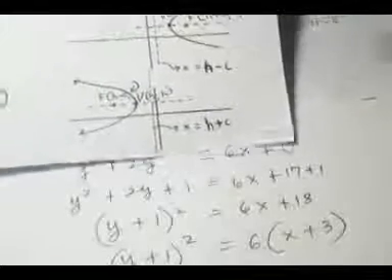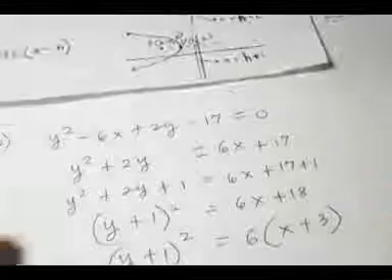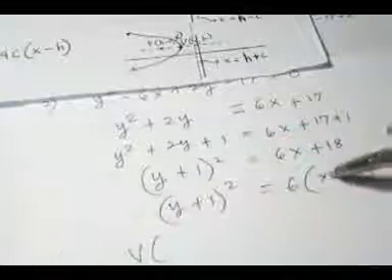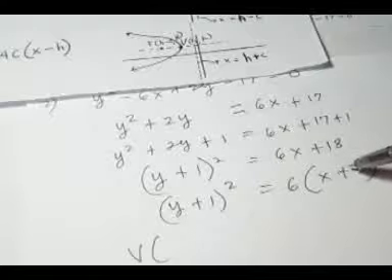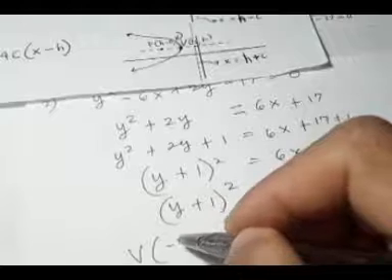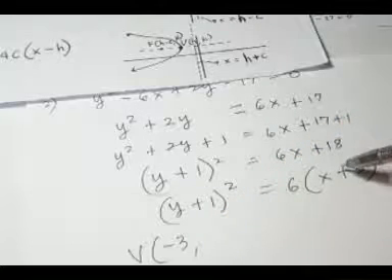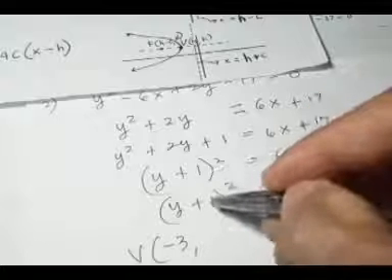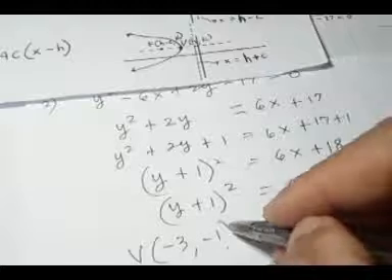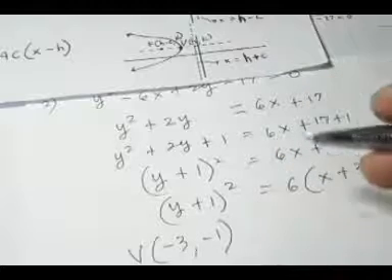So the graph is open to the right with vertex. This is minus x minus negative 3, because minus 3 is positive 3, plus 1 minus 1. So the vertex is negative 3, negative 1.